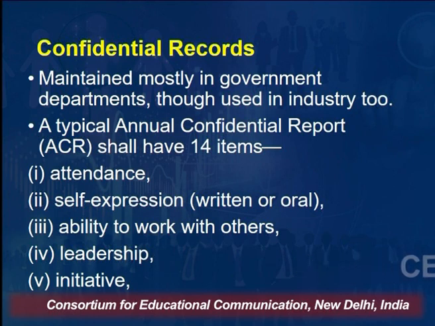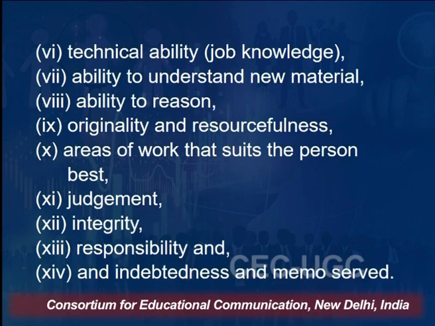These can be attendance, self-expression, written or oral, ability to work with others, leadership skills, initiative in your department, technical abilities, the knowledge pertaining to the job that you are doing, the ability to understand new materials or processes, the ability to reason, and originality and resourcefulness.